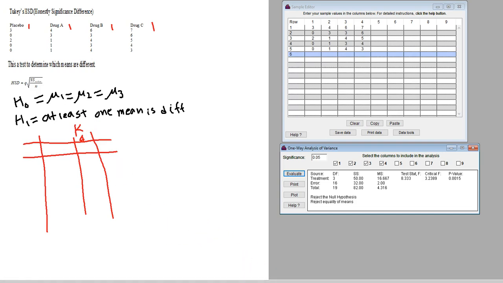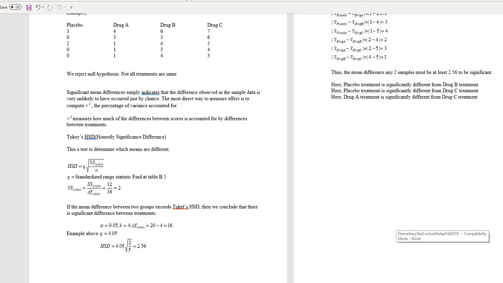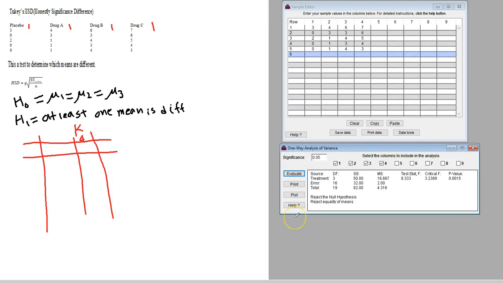If you look at my statistic output here, you will see that the degrees of freedom error is going to be 16.